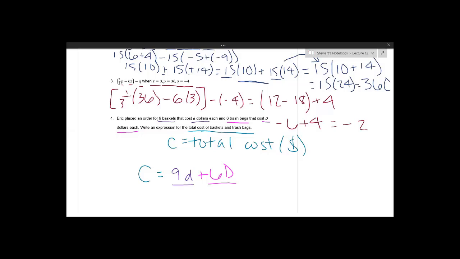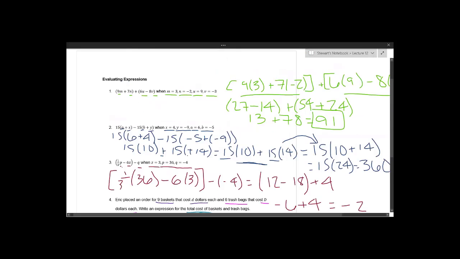So that's how you get the total cost. You have 9 baskets times $D per basket, and then 6 trash bags times capital D per trash bag. So you'd end up with the total cost in dollars. And that really is all there is to it for this one.